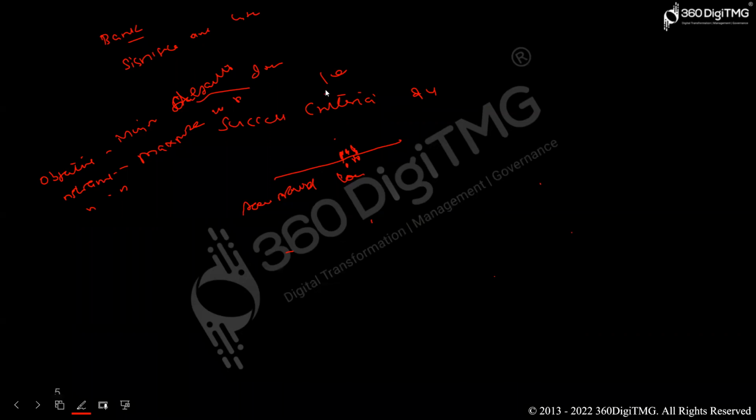And when it comes to other techniques, this is about business understanding. There are multiple examples we can give towards business understanding. The ultimate aim is to understand the business problem.